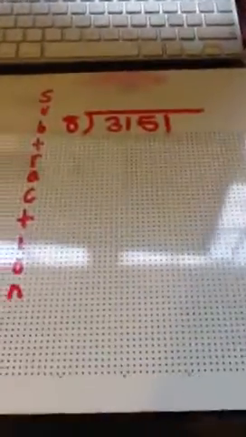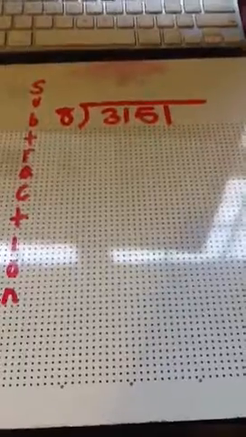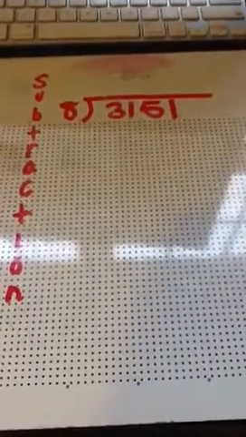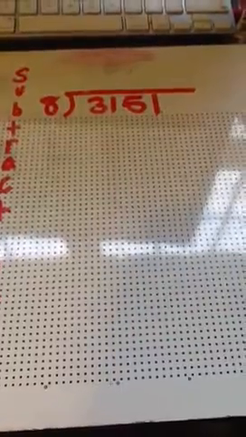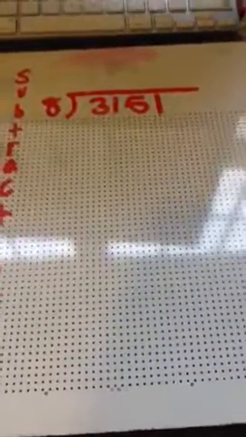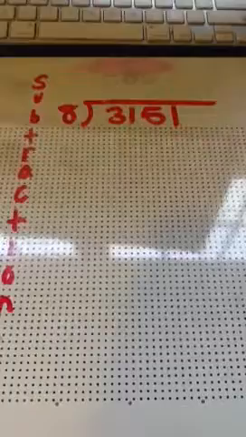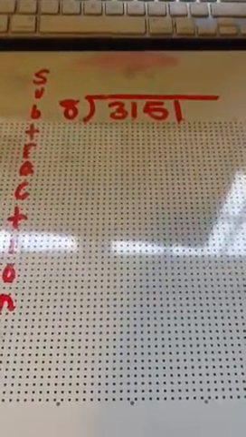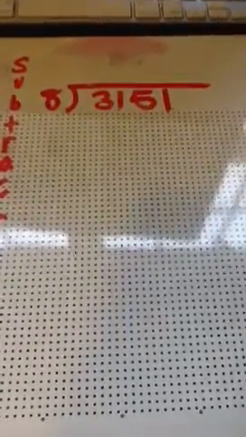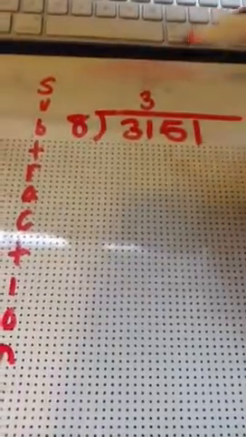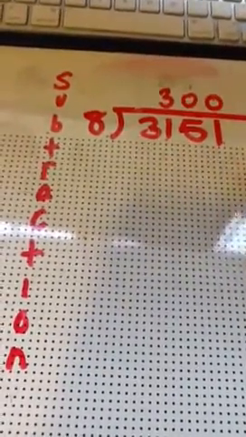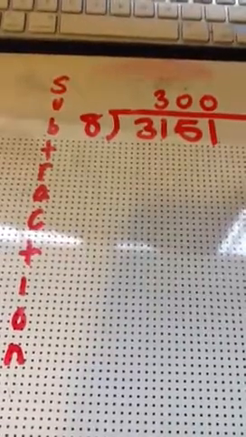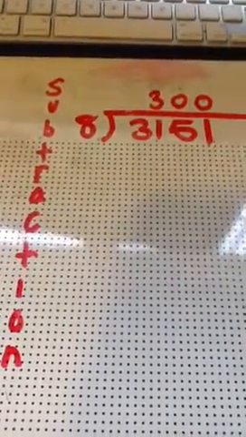Now, you can also use subtraction to do division problems. And here's what that looks like. So you're going to start off with the same first step. You're going to ask yourself, how many times does 8 go into 31? And again, the answer is still 3, only this time you're going to make it 300.